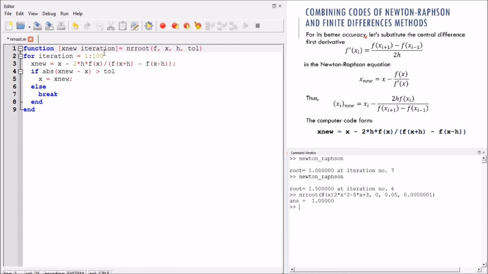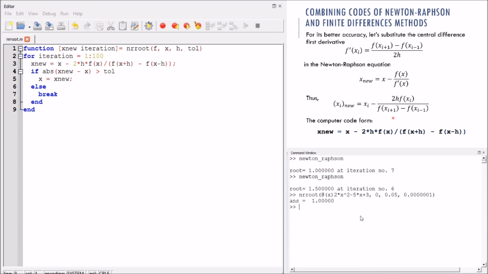Now let's save this code. Remember, any modification made in the function should be followed directly by a save, because here we do not execute the function, we call it. So any change should be saved first in the file in order to be performed by the command window.